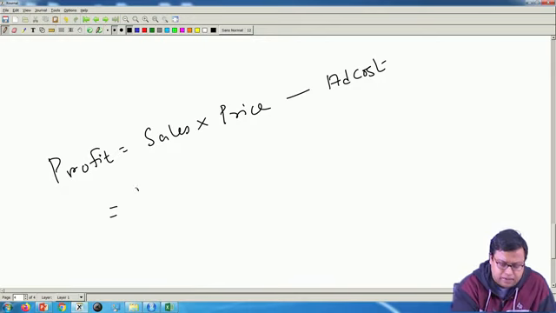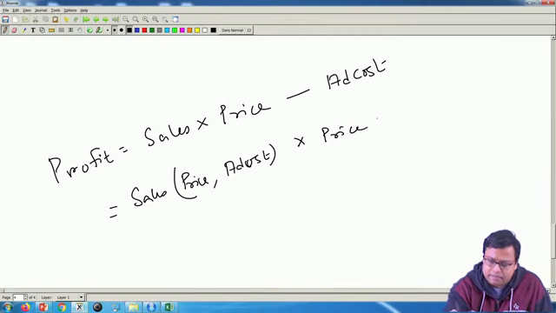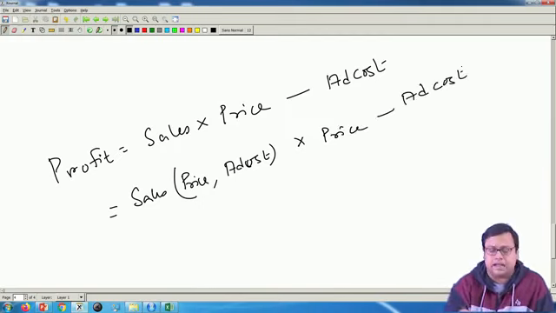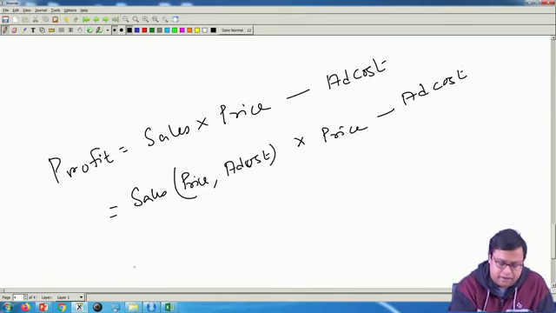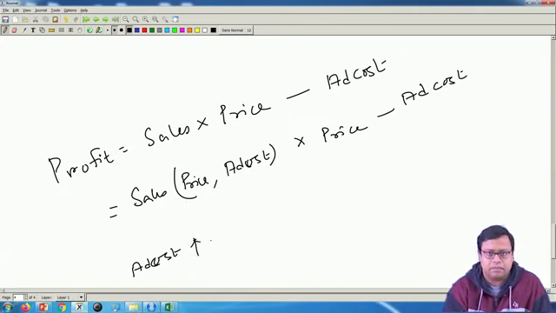Now sales is a function of price and ad cost, this into price minus ad cost, this is my problem. If ad cost goes up, then this part goes up, but this part also goes up.